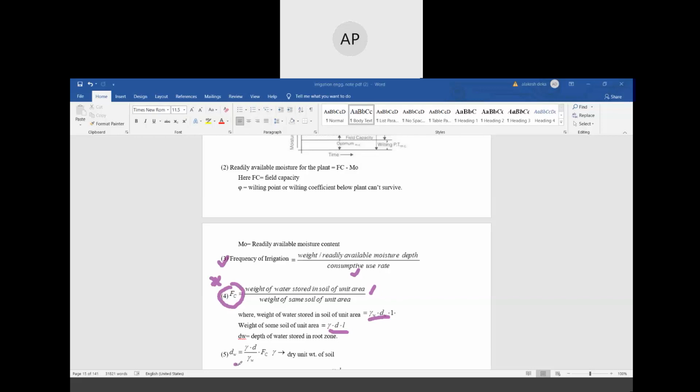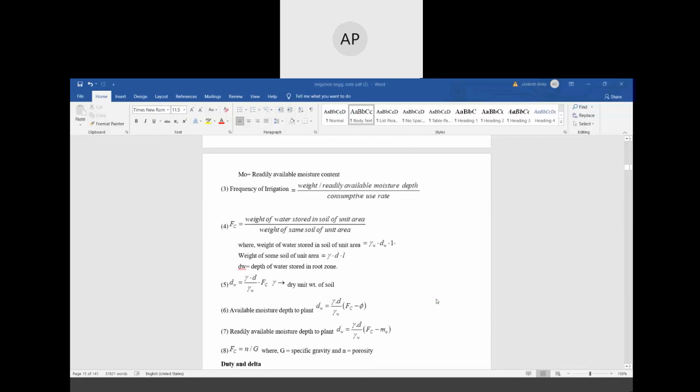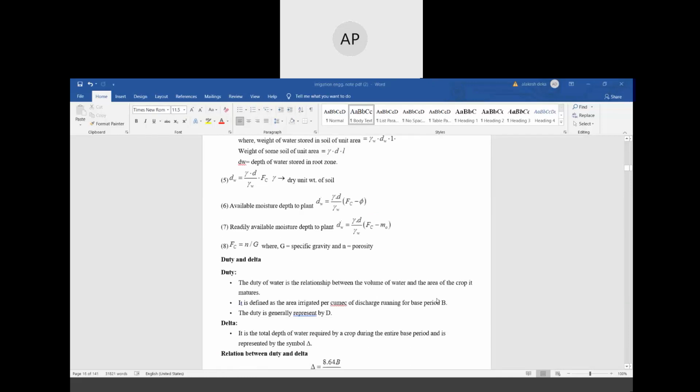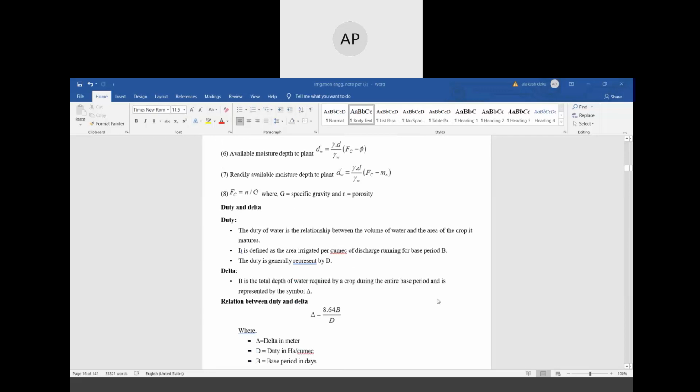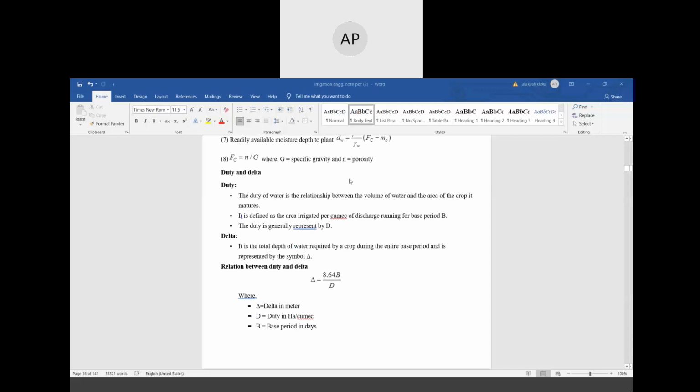This is the relationship between field capacity and depth of water. dW equal to gamma D divided by gamma W into Fc into D. Next, available moisture depth, that is given by dW equal to gamma D. So you remember the relationship between field capacity, moisture depth, water depth.